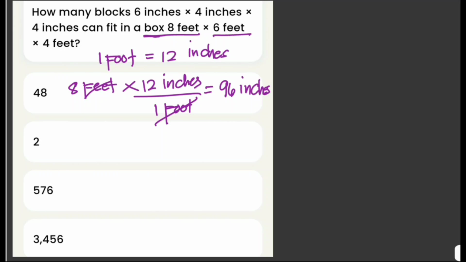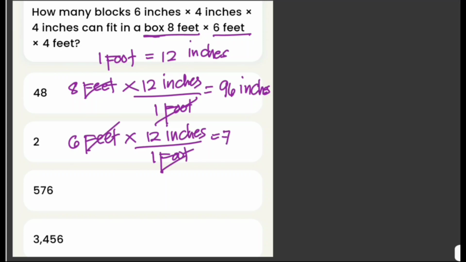And then the 6 feet, multiply that by 12. That would be 72 inches.